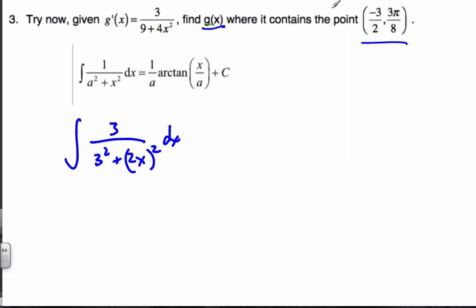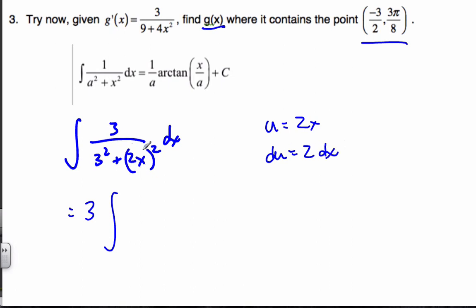Let's go to skinnier pen. In order to do this scenario, I'm going to pull out the 3, and I'm going to let u be 2x. And so du is equal to 2 dx.